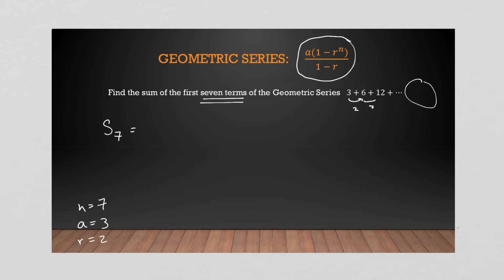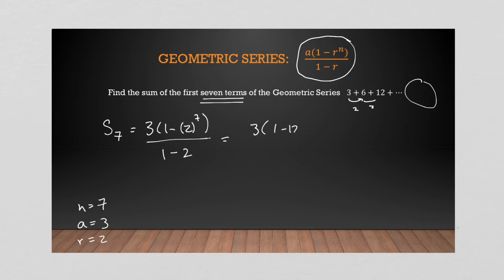So the sum of 7 terms is equal to 3 times 1 minus 2 to the power of 7 all over 1 minus 2. So in this case it's 3 times 1 minus 2 to the power 7: 2, 4, 8, 16, 32, 64, 128.